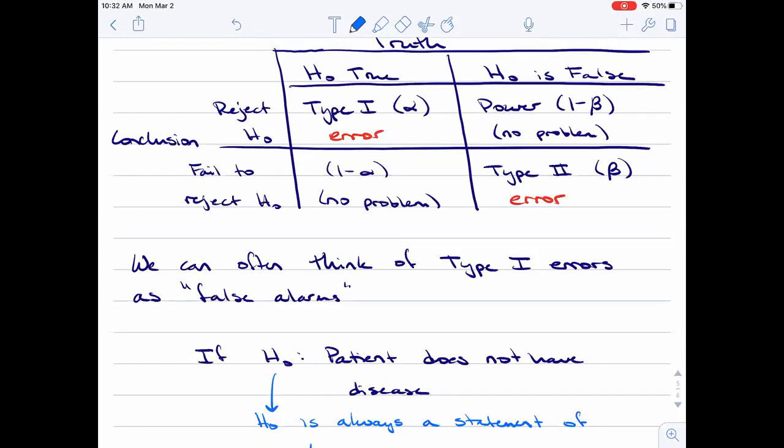Whereas if you send them home and you say, nope, nothing to see here, but you're wrong, they have the disease, well, that's a type 2 error. It's kind of like a false negative, right? You get a false positive and a false negative.